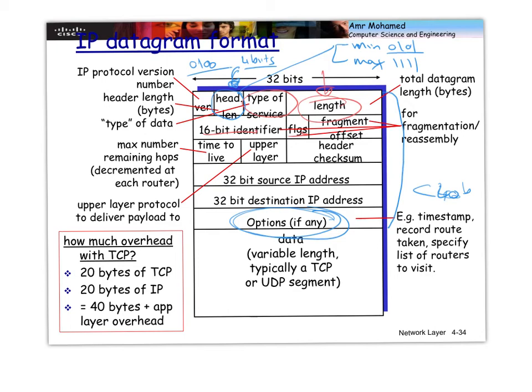Okay, upper layer protocol. It refers to the upper layer protocol. Why? Because IP may deal with TCP, may deal with UDP, may deal with ICMP.